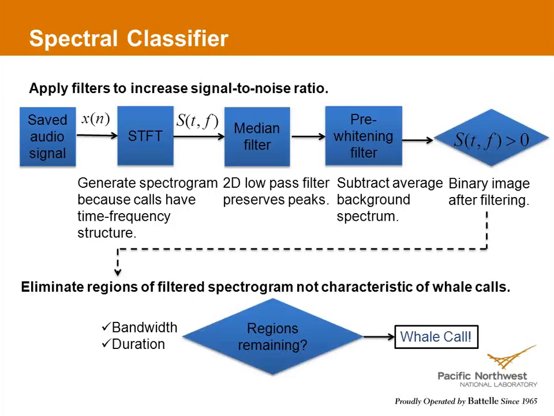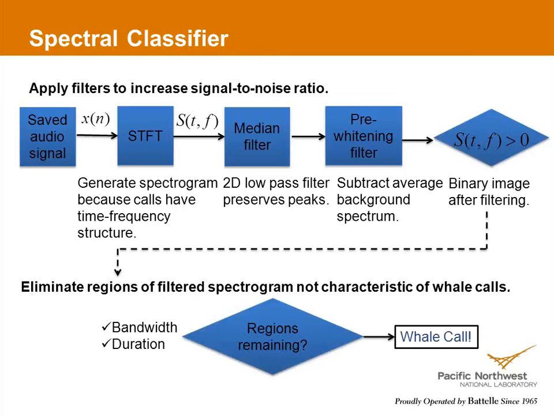The spectral classifier works as shown here. The audio signal that we've saved comes in. We then do what's called a short-term Fourier transform on it to turn it into a spectrogram. That spectrogram is then processed so that we can deal with it as an image.